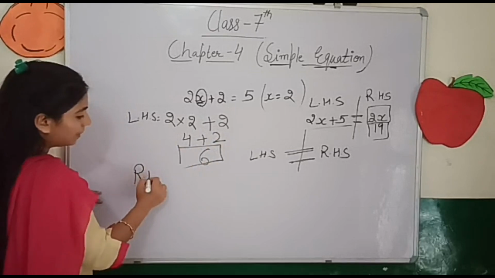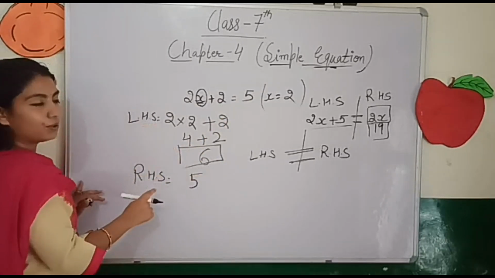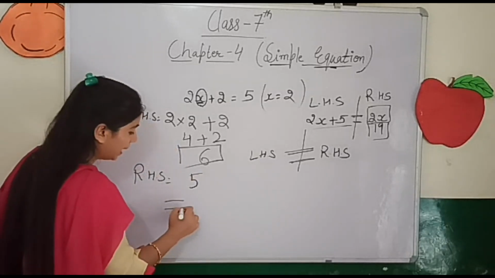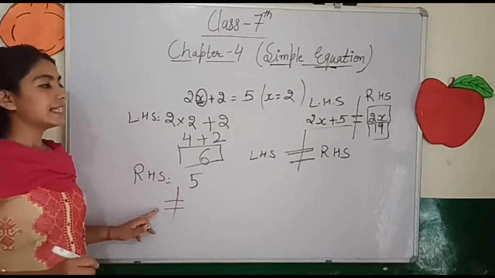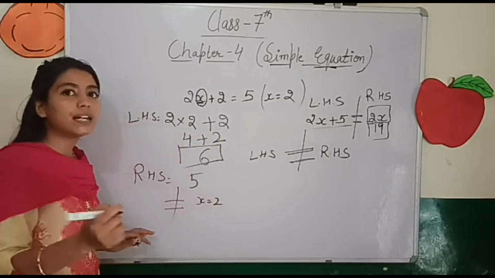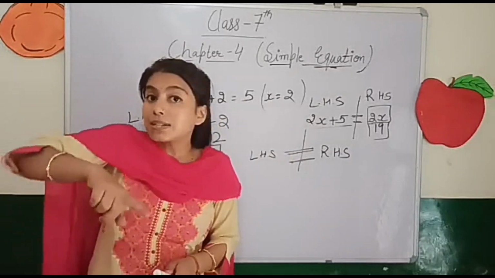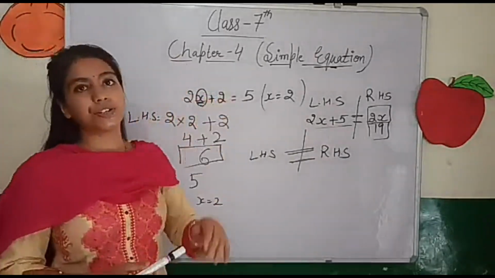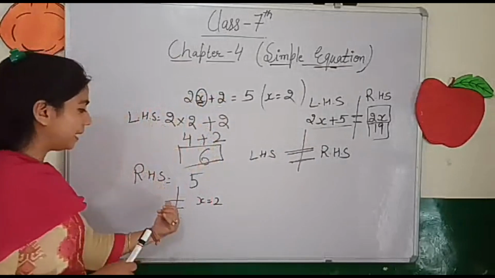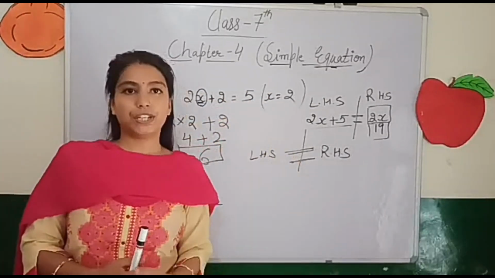But the right hand side value given to you is 5. Is the left hand side equal to the right hand side? No. It means x equals 2 is not a solution for this equation. Whenever they are equal, then that value is called the solution of the given equation.